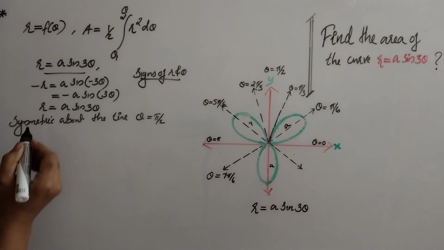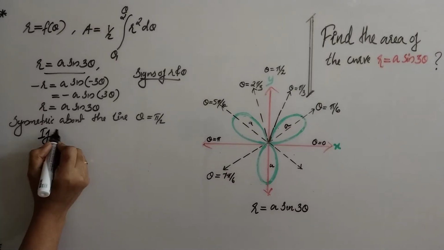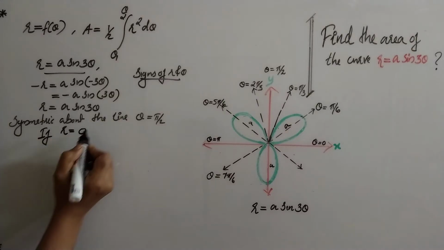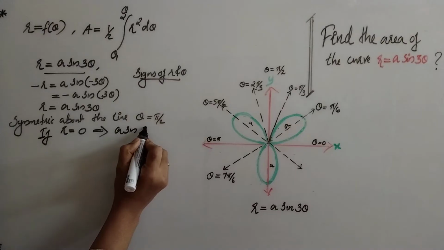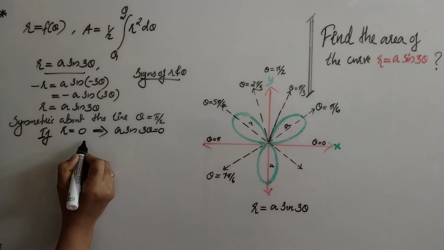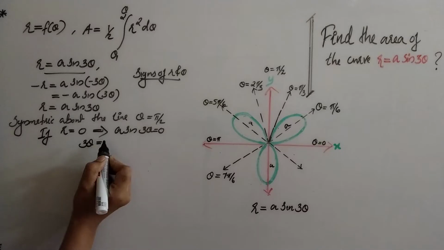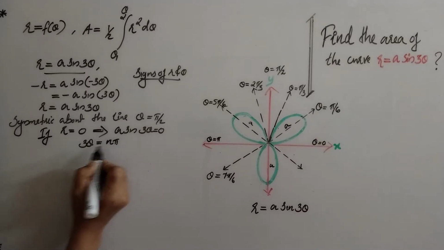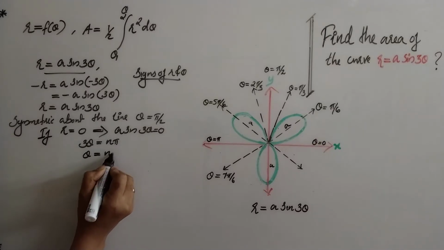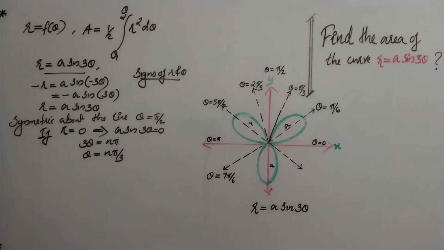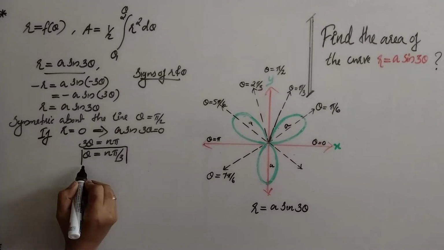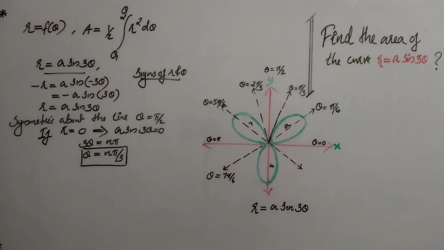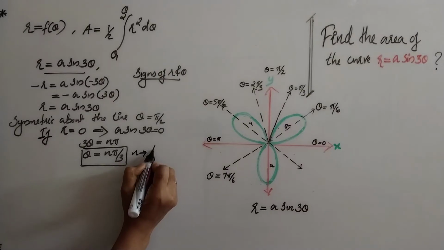Now, if r is equal to 0, this implies a sin 3 theta is equal to 0, or 3 theta is equal to n pi. This implies theta is equal to n pi by 3. When r is equal to 0, value of theta is n pi by 3, where n is an integer.